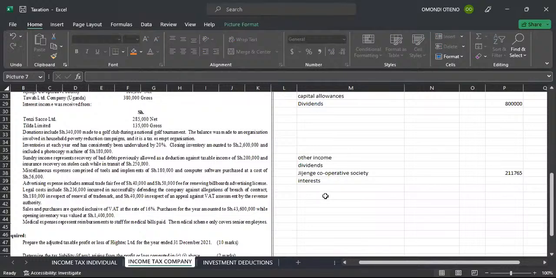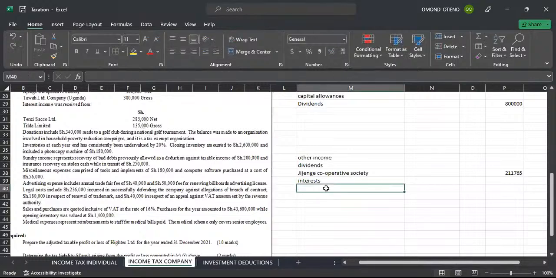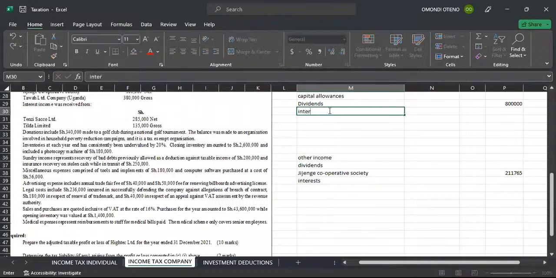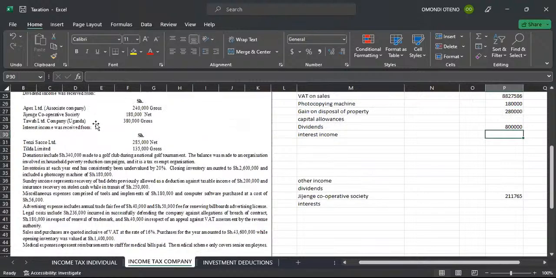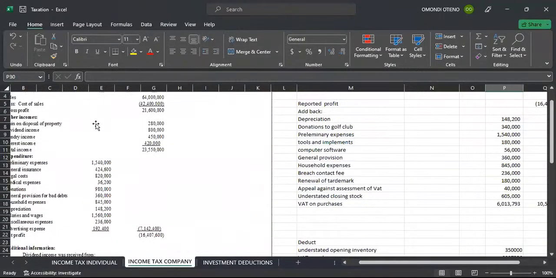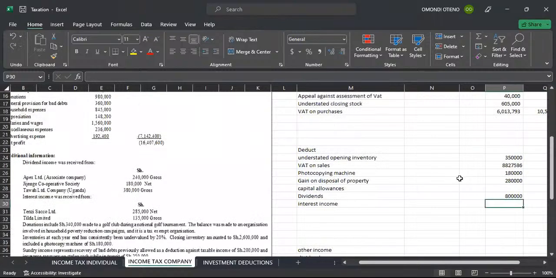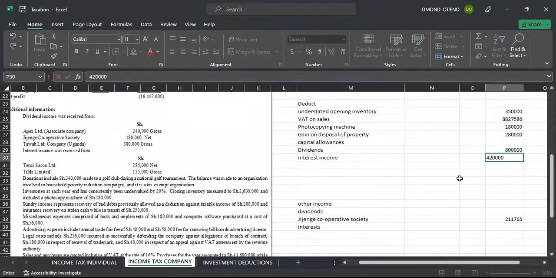This one here is given at gross. So we just add back that gross value because we subtracted it up there. Interest income, we subtract all of it, and then we add back what is supposed to be added. The total interest income given to us is 420,000.